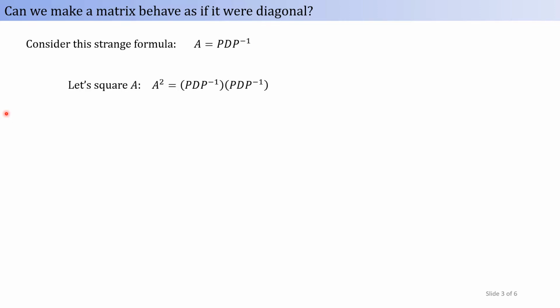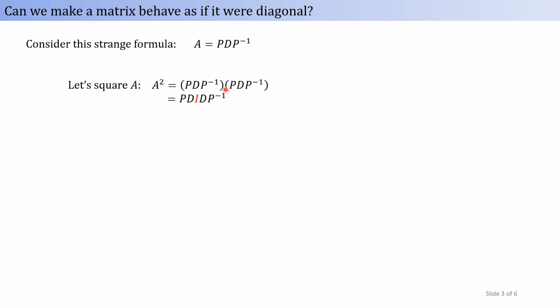We're going to start by squaring it. So we write P D P inverse back to back. Now, look at the two middle matrices: P inverse times P. We know that those cancel out. They just equal the identity matrix.